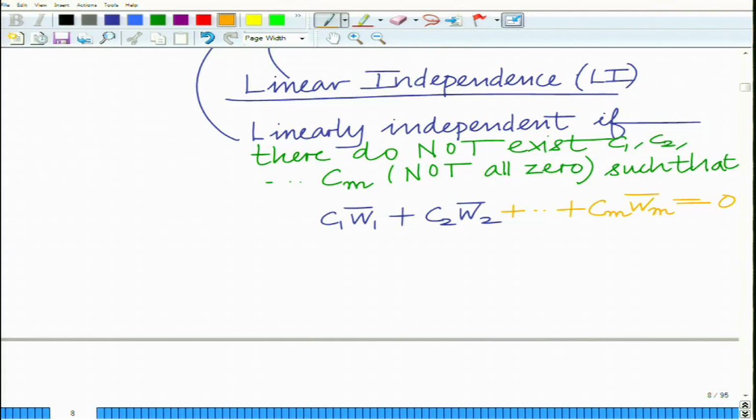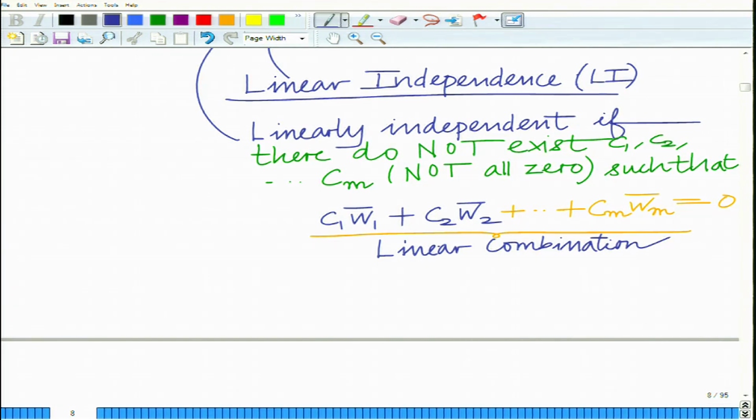Alright, then this is known as a linear combination. So, there cannot be a linear combination of these vectors w bar 1, w bar 2, w bar m that equals 0. So, this is basically a linear combination, that is you are weighing them by coefficients and adding them. Okay.